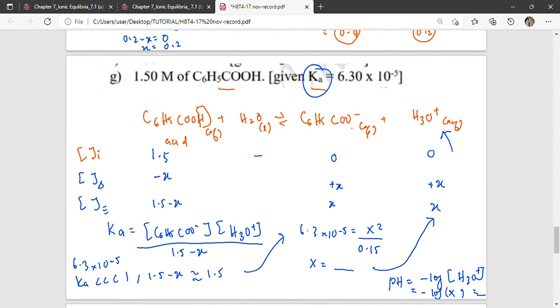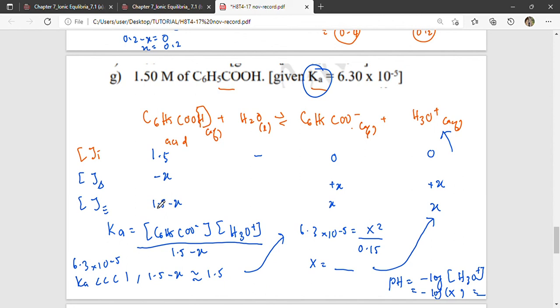Okay, so I think that's all for the dissociation reaction of strong acid, strong base, weak acid, and also weak base.